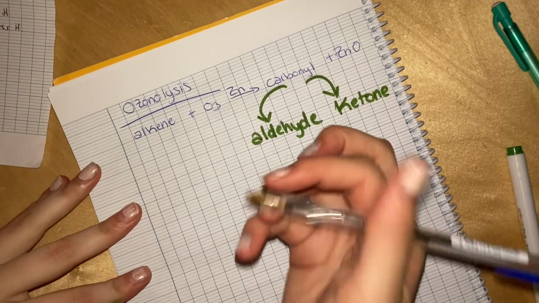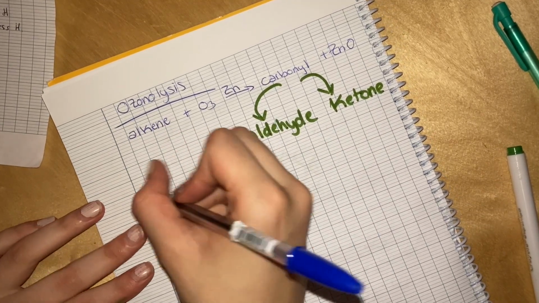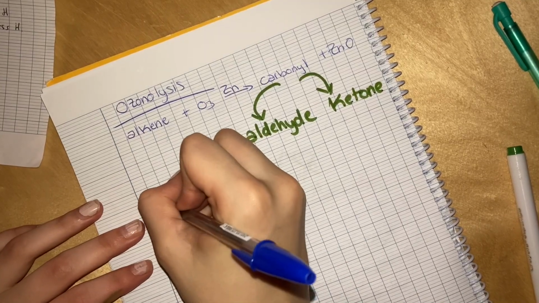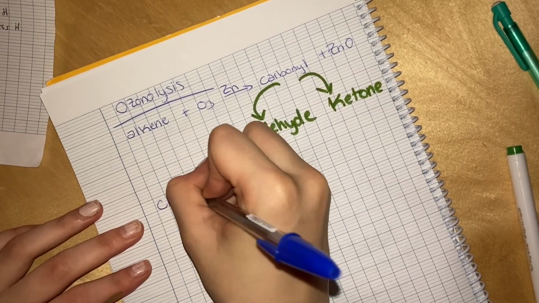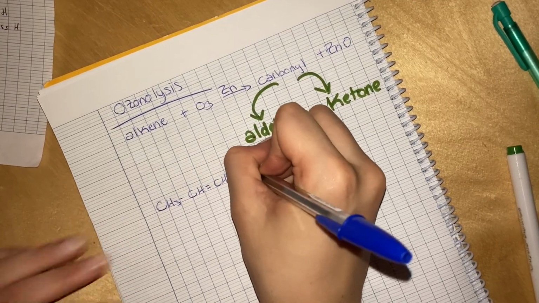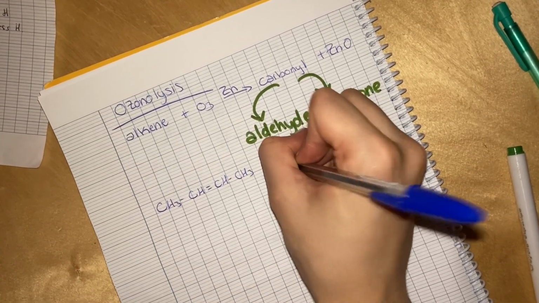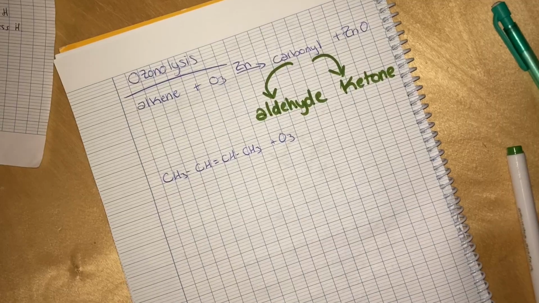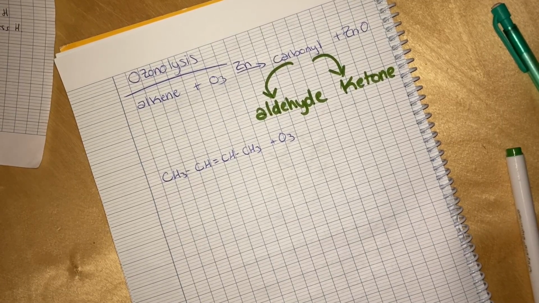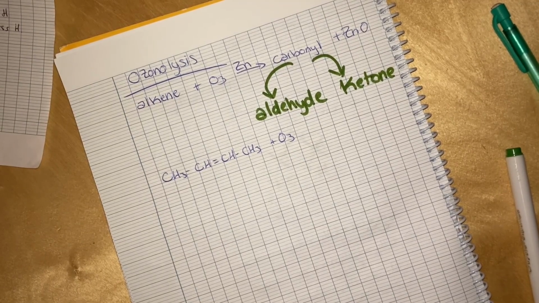So, alkene, let's give CH3, CH, double bond CH, CH3, plus O3. If you want to take a guess at what's going to happen, honestly, you'd probably be wrong, because I could not figure out what on earth would happen the first time I watched this. So if you know, good job. You guys are really smart.